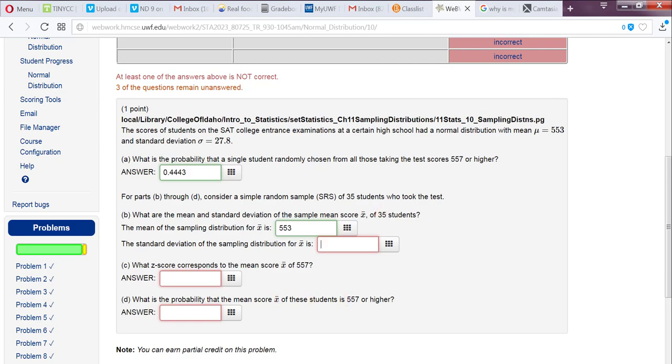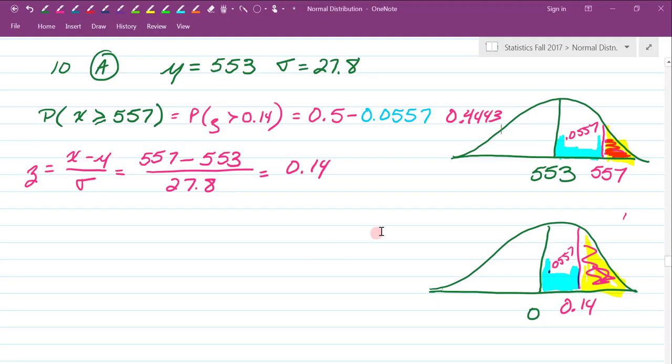So this is going to be part B. So let's grab some purple ink for part B. We're going to put part B, and we're looking for what is sigma about X bar. That's the question. And that formula is equal to sigma divided by the square root of n. Well, we found out earlier that our sigma is 27.8.